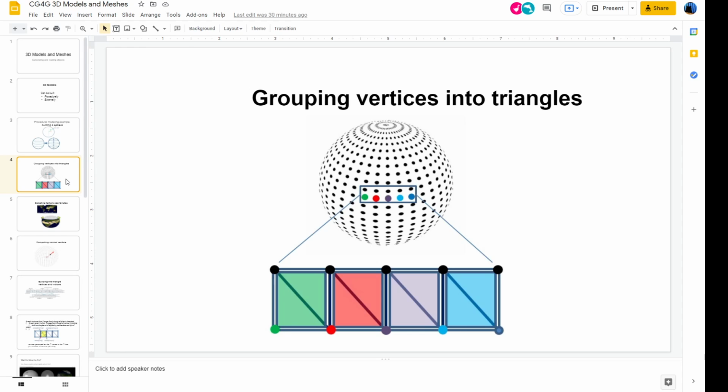Group vertices into triangles. There are ways to use quads, but we don't want to use quads. We always want to use triangles. Always, always, always use triangles. In this case, we're talking about uniform geometries. They're not optimized. On every strip around, you'll notice that they become denser and denser as they get towards the top. So this is, like I said, probably not the most optimized thing in the world.